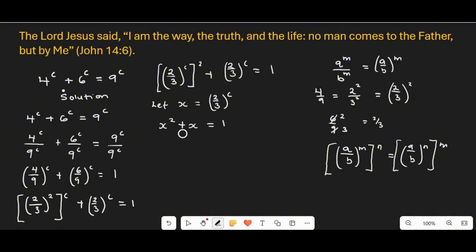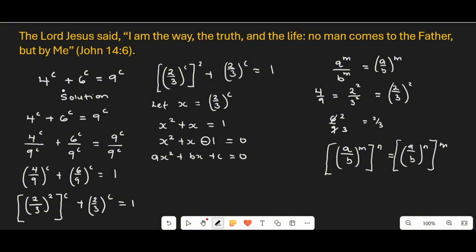So we are going to have x raised to power 2 plus x equal to 1. Now the next thing is that let us transpose 1 to the left hand side and the positive sign will become negative. So x raised to power 2 plus x minus 1 equal to 0. I want you to recall this quadratic equation, which is ax squared plus bx plus c equal to 0.